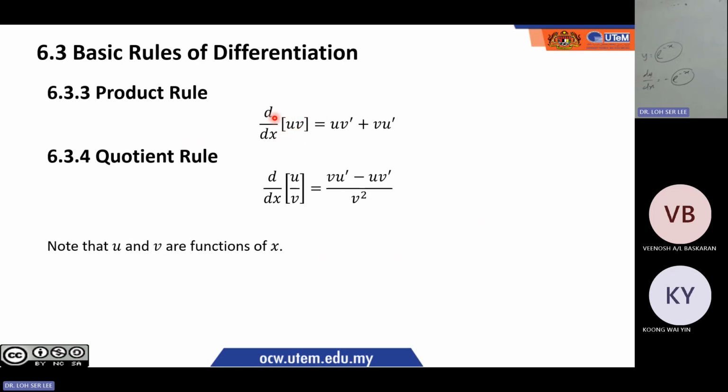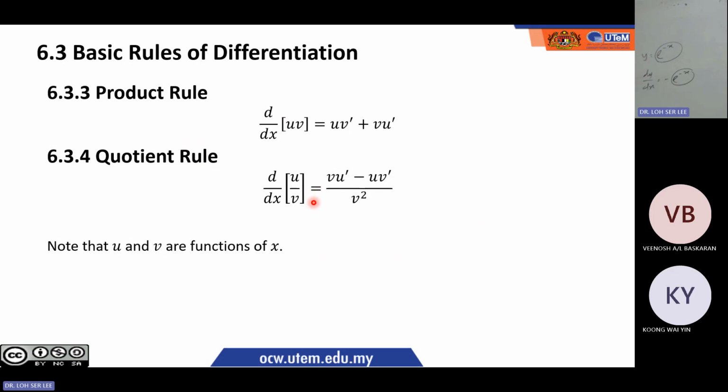When we want to do the differentiation, we have to use this product rule. You can use either uv prime plus vu prime or vu prime plus uv prime. The rule is you copy one, you differentiate the other, and then plus you copy the latter and differentiate the previous one.